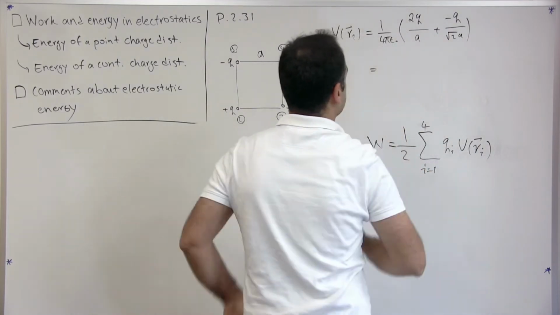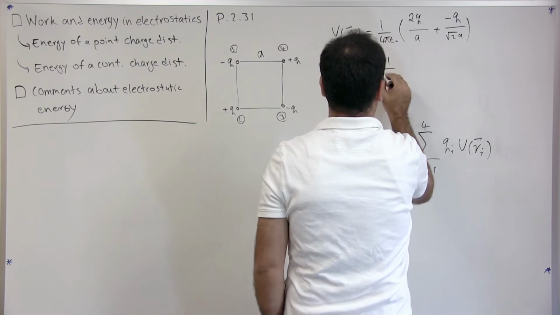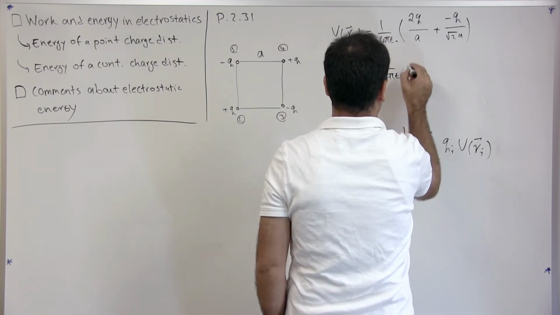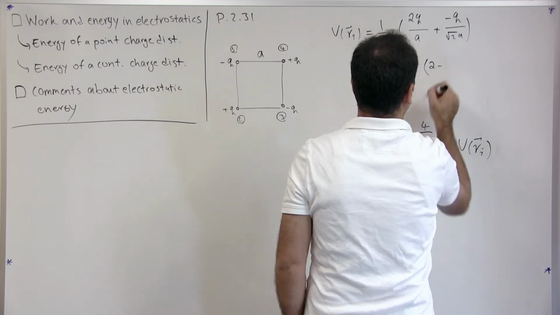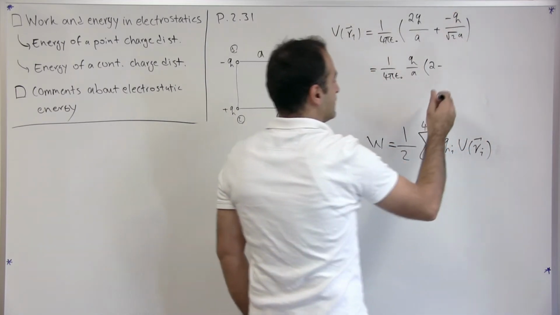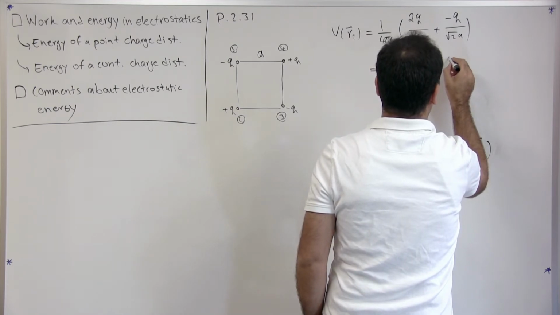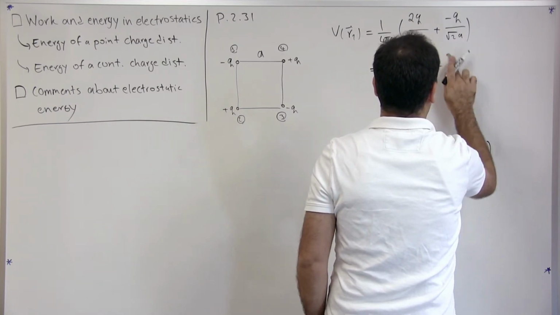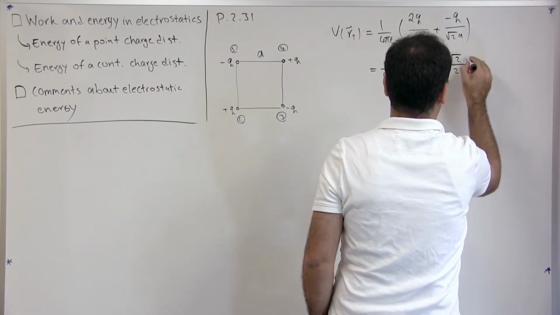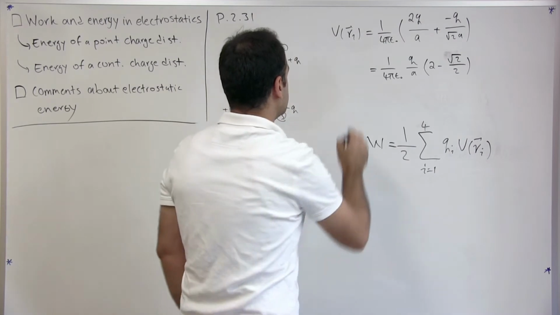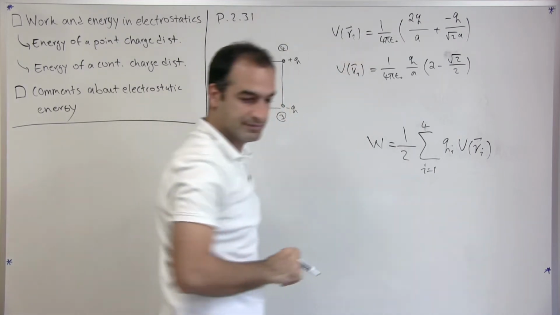If we pull out the q over a factor, we get 1 over 4 pi epsilon 0 q over a times 2 minus 1 over the square root of 2, which is basically the square root of 2 over 2. So this is V at r1.